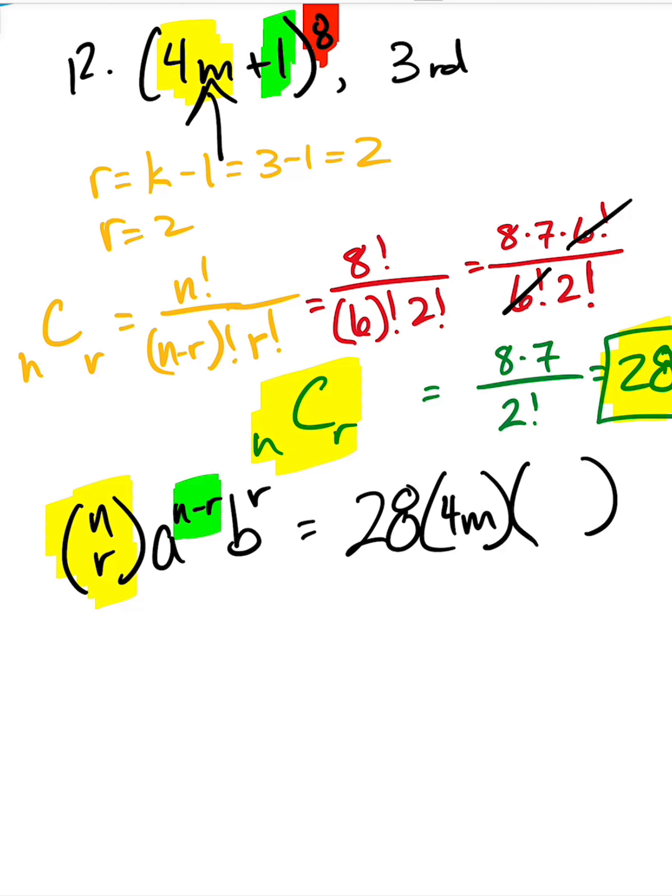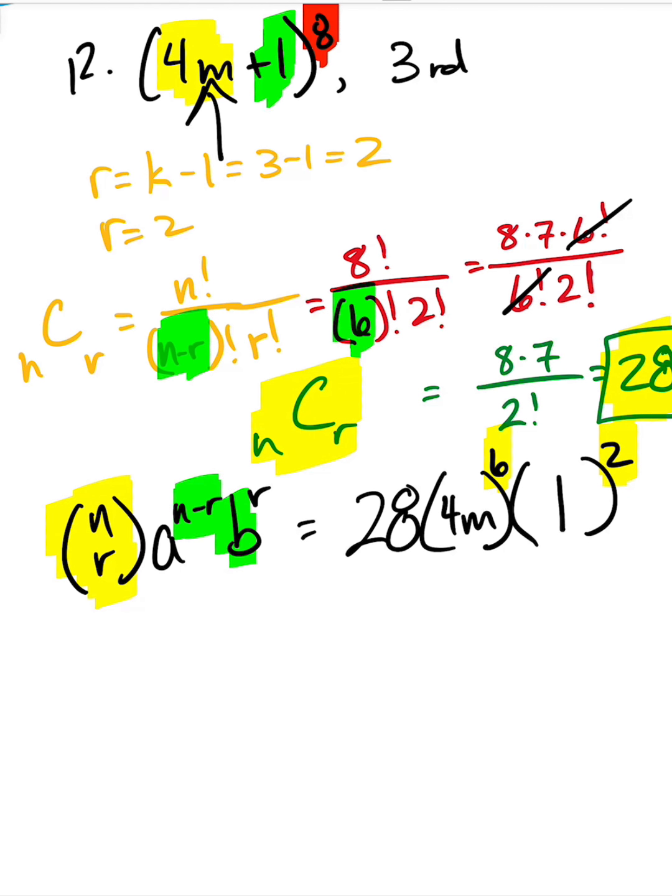My n minus r, well it's basically right here, right? N minus r, that's 6. So that's raised to the 6th power, right? And then my second term, my b, which will go here, my b is 1. So that's 1, and then my r is 2, raised to the 2nd power. And I just want to remind you that my 6 and my 2 need to equal whatever my nth term is, which is 8, and that does equal 8, so I'm on the right track.